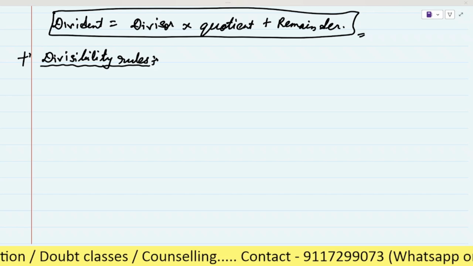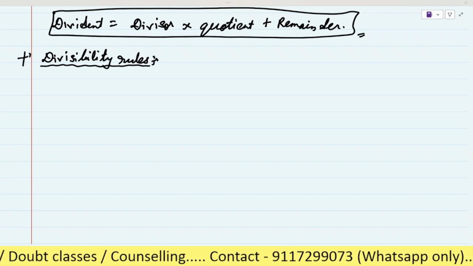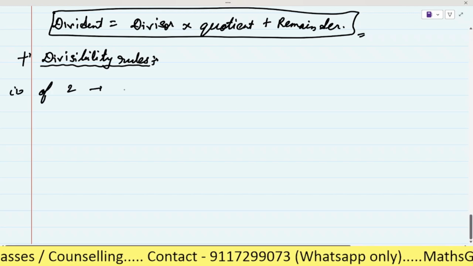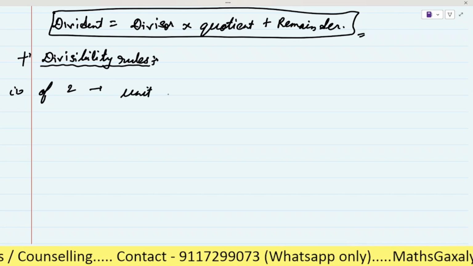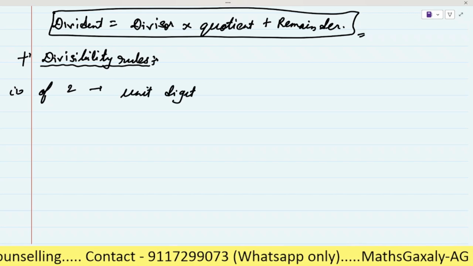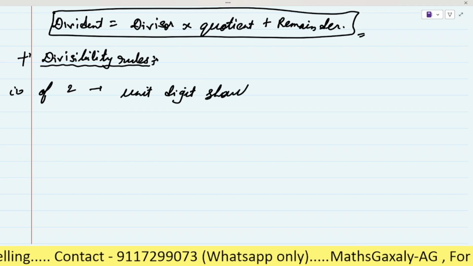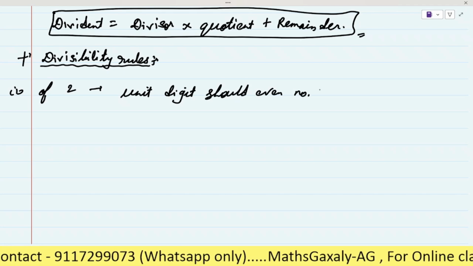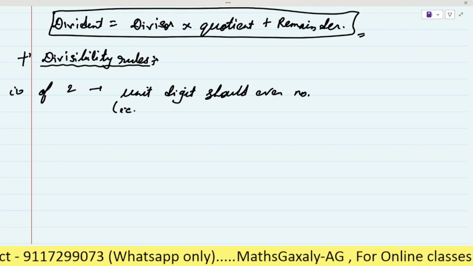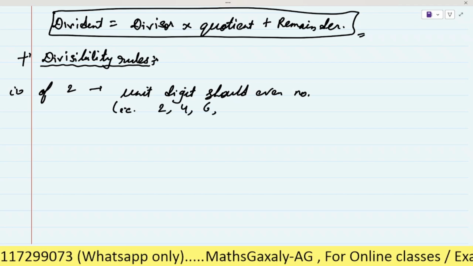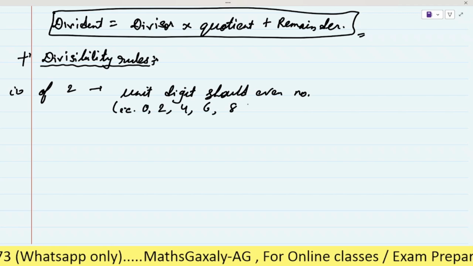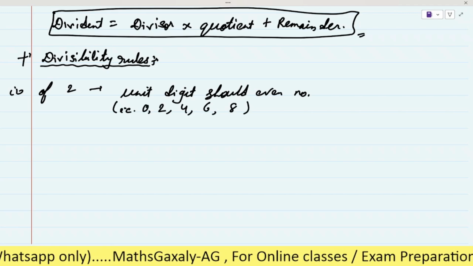So, as you know now, divisibility rule of 2. What is the divisibility rule of 2? It should end with 2, 4, 6, 8, or 0. The unit digit should be an even number.